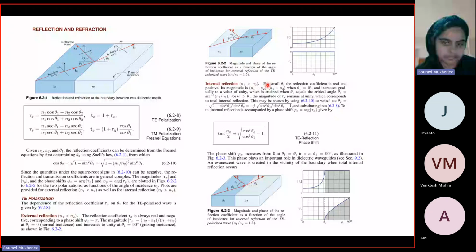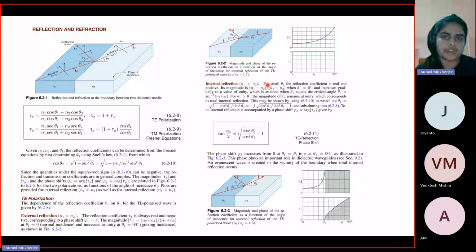If you look at how this phase phi looks, you would see that it would be 0 till a particular incident angle, and then it would gradually rise to pi. So this is telling you that your phase change depends on your incident angle by this relation.